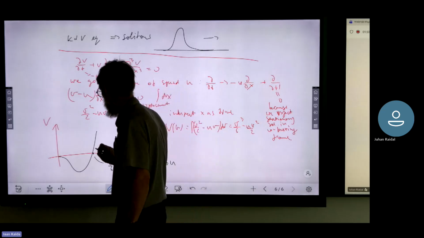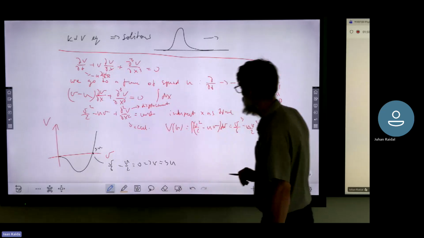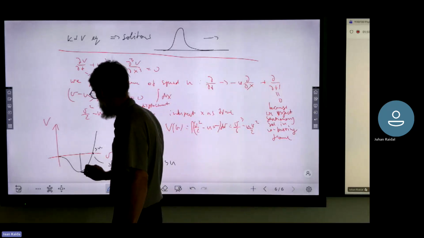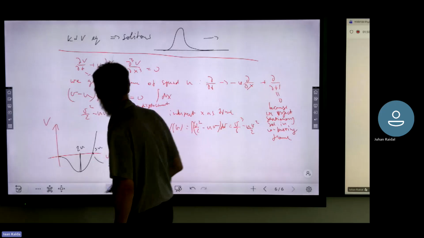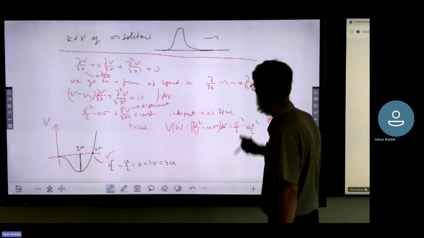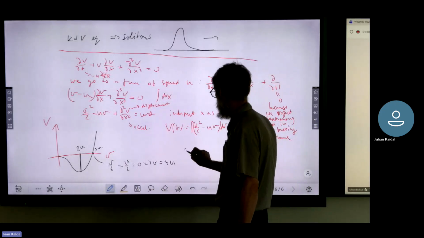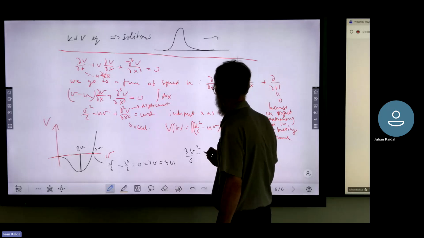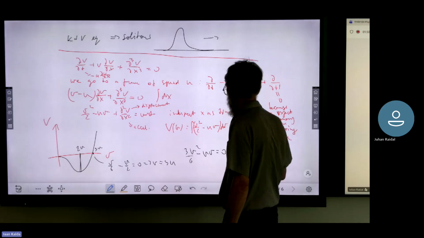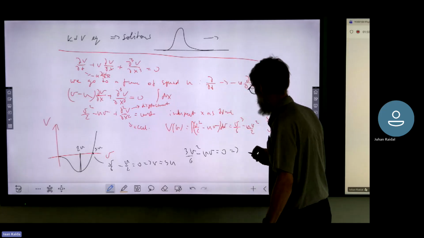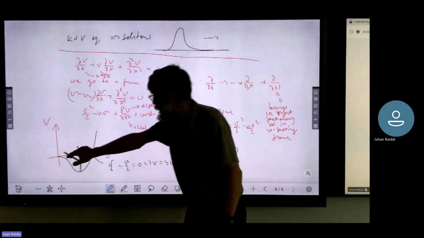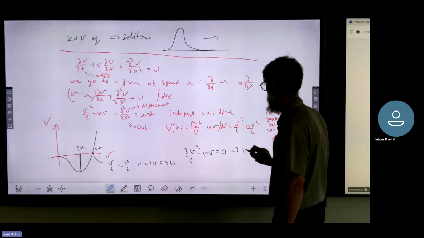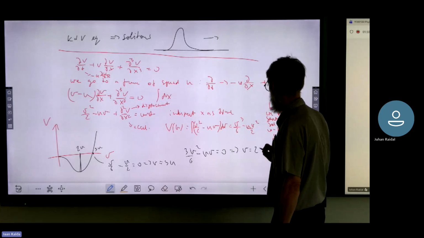So here is 3u. Now we can calculate also this point here, and this turns out to be 2u, because we take the derivative: 3v squared divided by 6 minus uv equals 0. From here you obtain first v equals 0, which is also an extremum point, and then v is 2u.